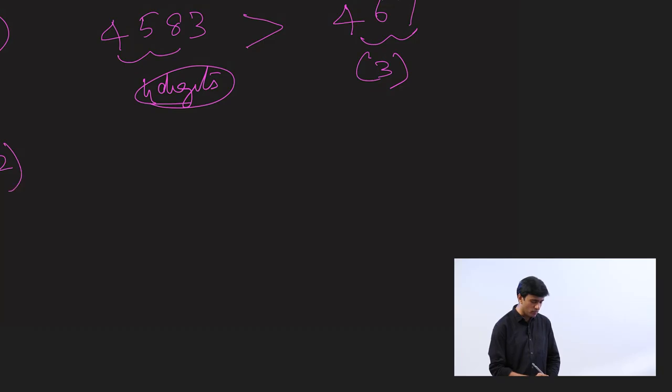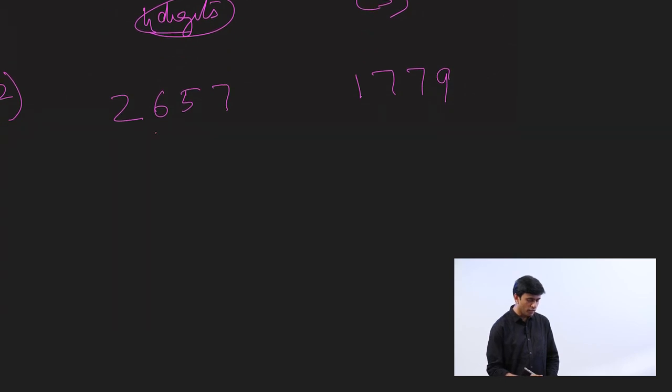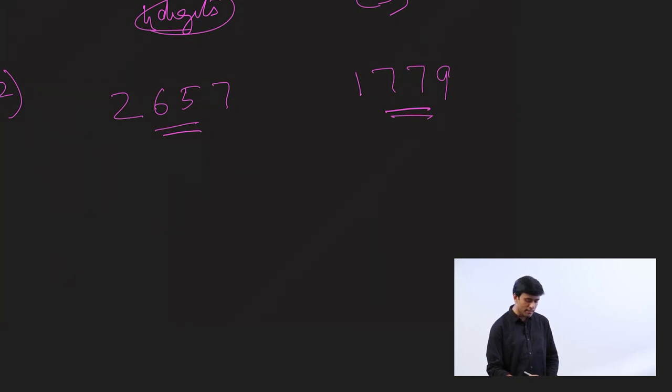Let's look at the second rule. Give you an example. Look at these two numbers, 2657 and 1779. If you notice, both the numbers have the same number of digits, 4. So how do you compare them? When two numbers have the same number of digits, compare the digits in the left extreme of both the numbers. Left extreme is number 2.